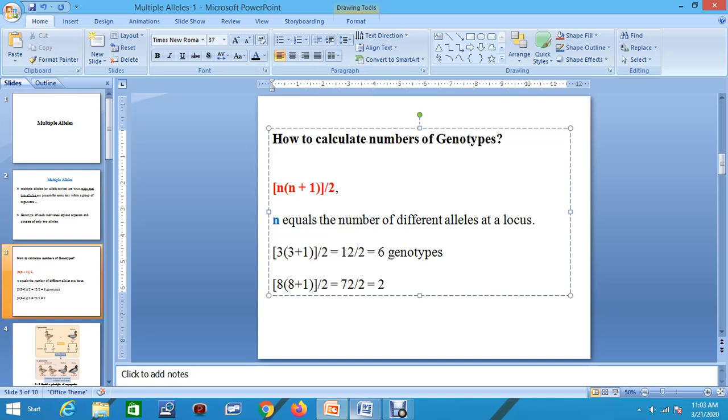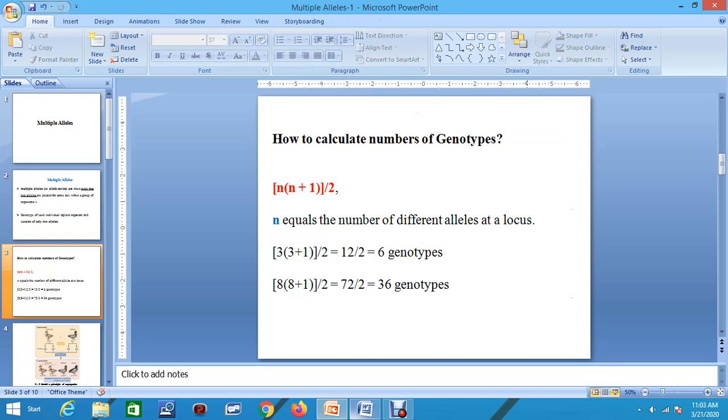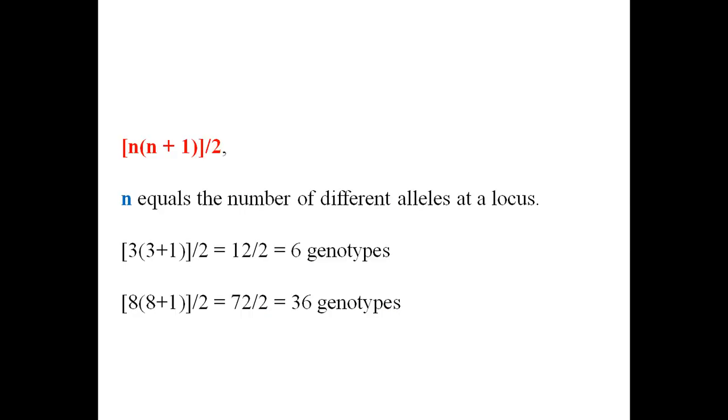So how many possible genotypes? 36 genotypes are possible for it. So this is how we can calculate the number of genotypes for multiple alleles.